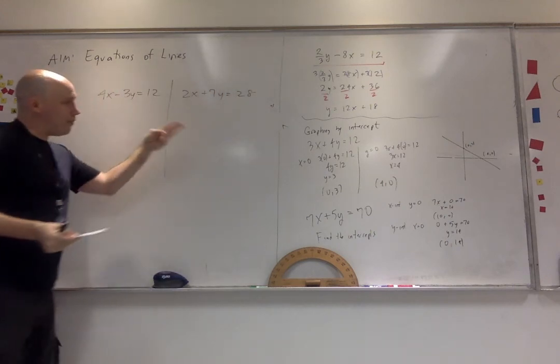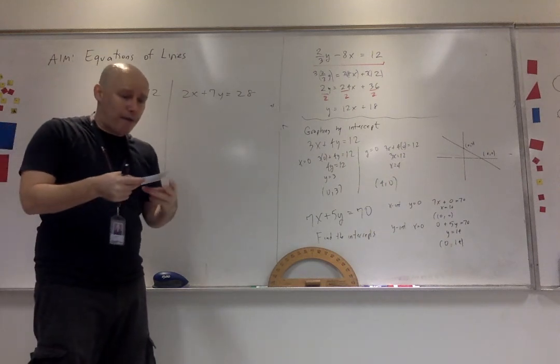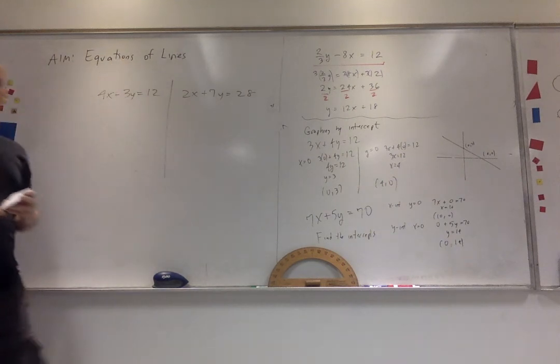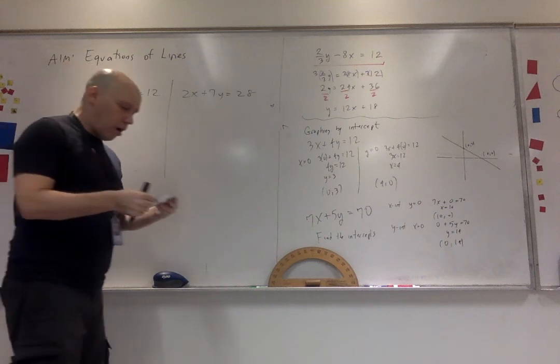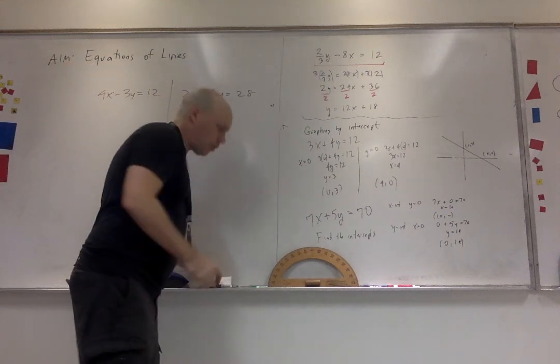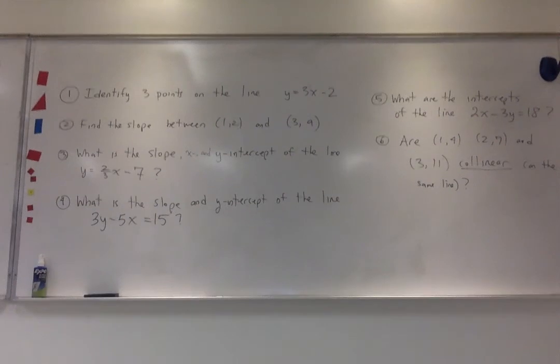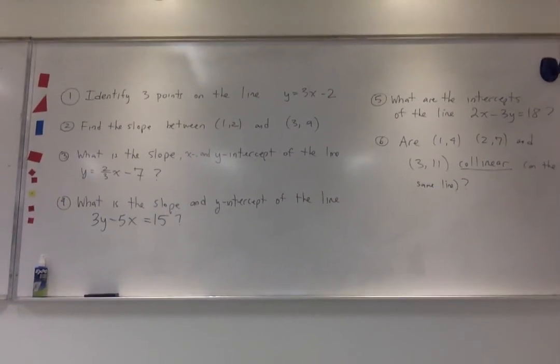Once again, find the two intercepts, make a sketch, and then check in decimals to see if you have the answer correct. That's it. So what I'd like you to do is work on these questions. Here's your homework.